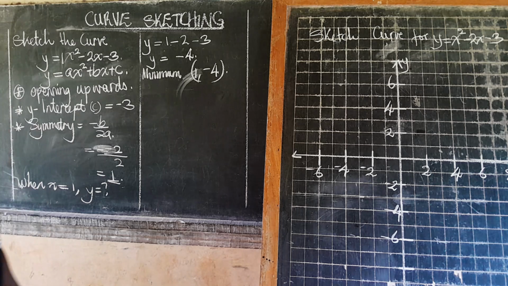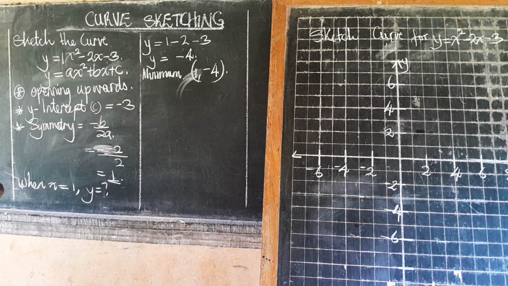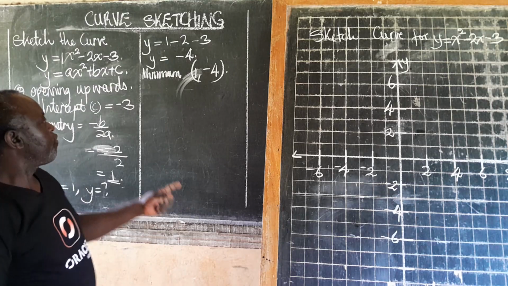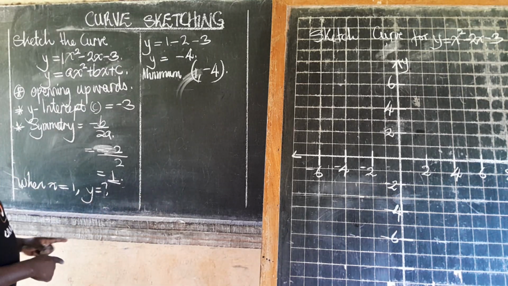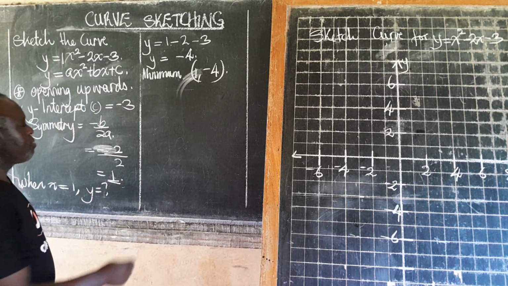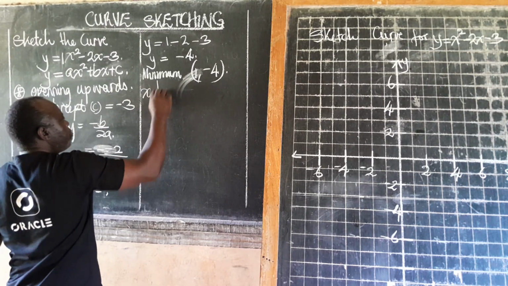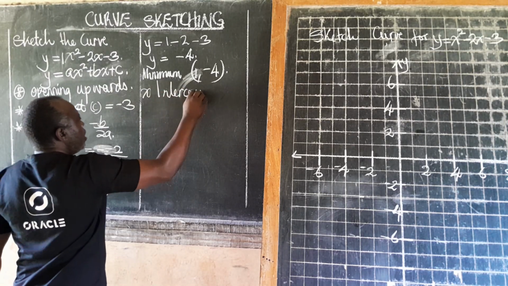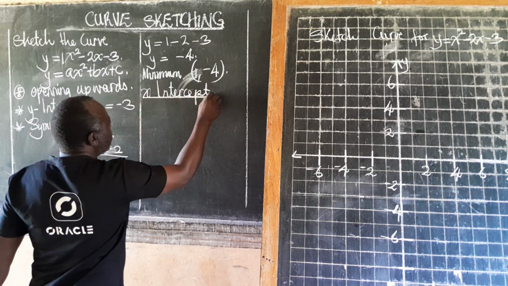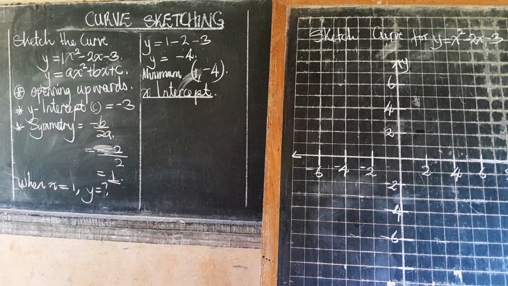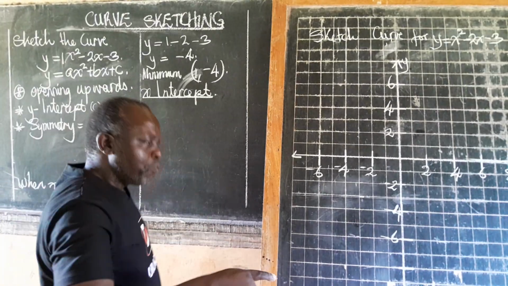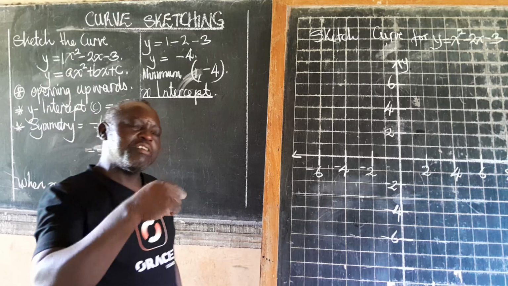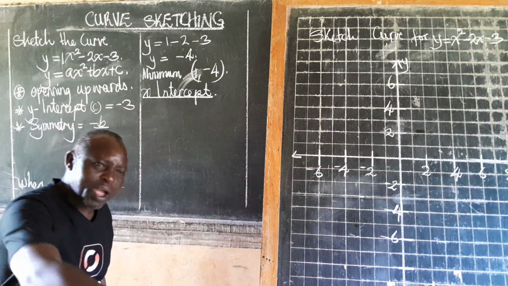Then if it's 1, negative 4, we have to ask ourselves that now we've got the y-intercept. Can we look for the x-intercepts? How do we look for the x-intercepts? X-intercepts, those are the points at which the curve cuts the x-axis.